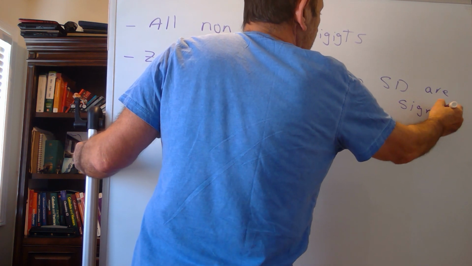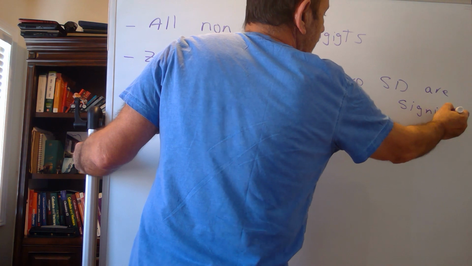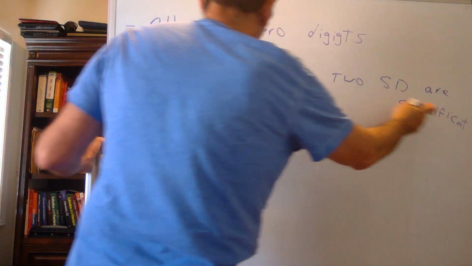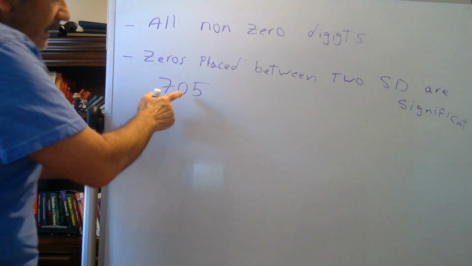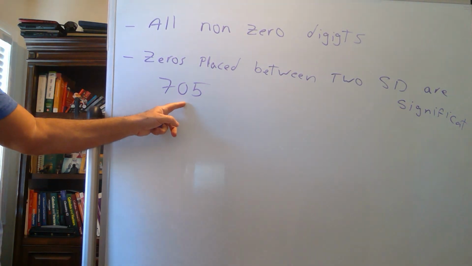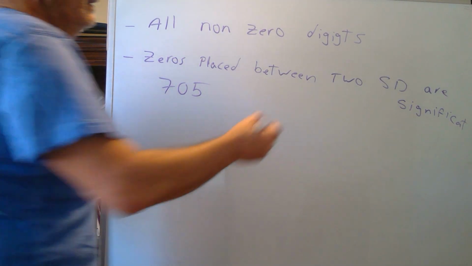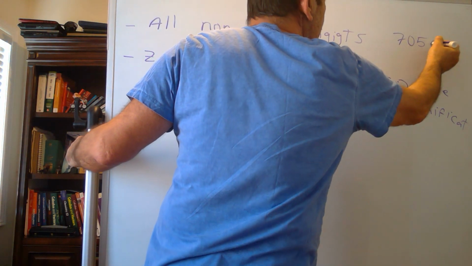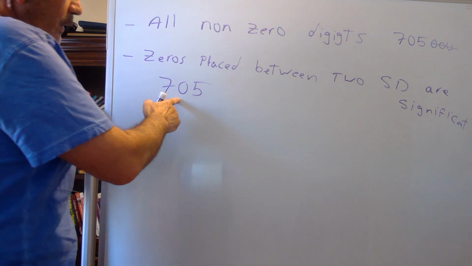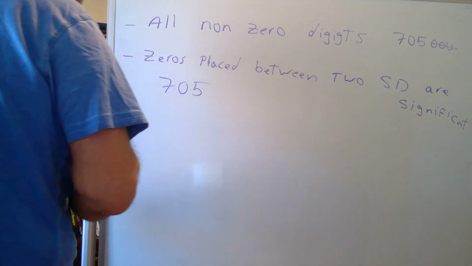Okay, an example for this one, 705. This 0 is considered a significant digit. But for this one, 705,000, these zeros are not significant, but this 0 is a significant digit.